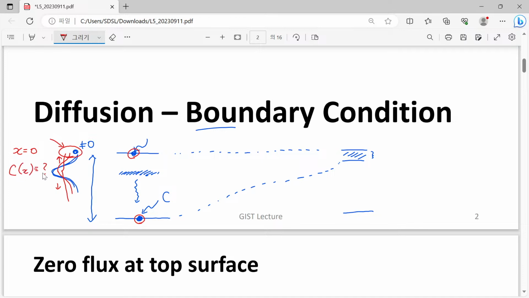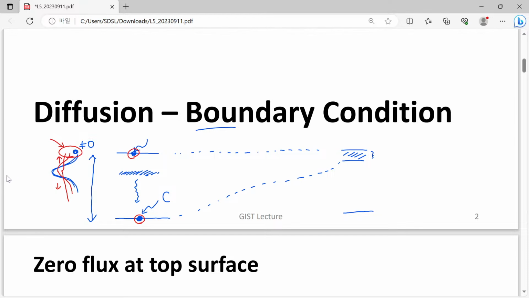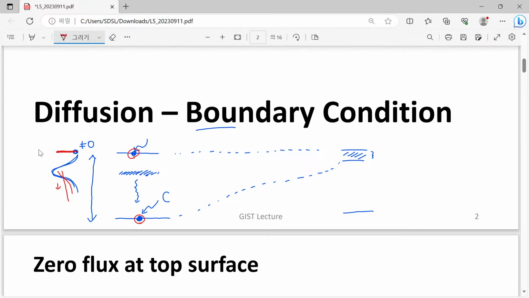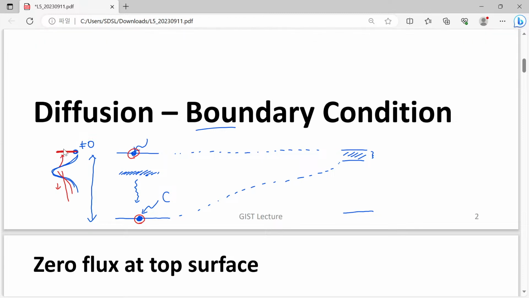So what is it? We have no idea. Instead, what we can have, just as an example of possible boundary conditions, is this. Let's say that this boundary is regarded as a hard wall. So dopants diffuse over this region. After that, when a dopant hits this boundary, it cannot escape from this top surface or this wafer system.